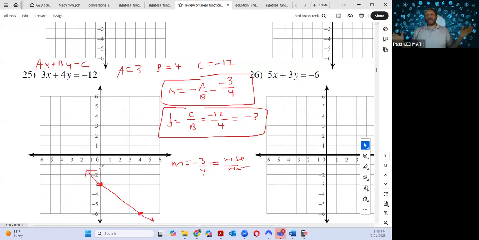All these concepts are related. Every single one of them. So this is why on my math course, I got everything listed, so you can see it all in order. What is the slope from a graph? What is the slope from 2 points? What is the slope from an equation, slope-intercept form? What is the slope from standard form?